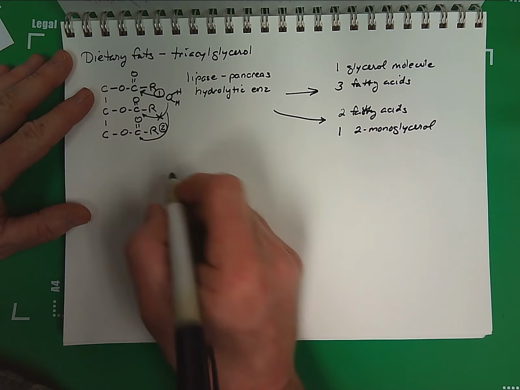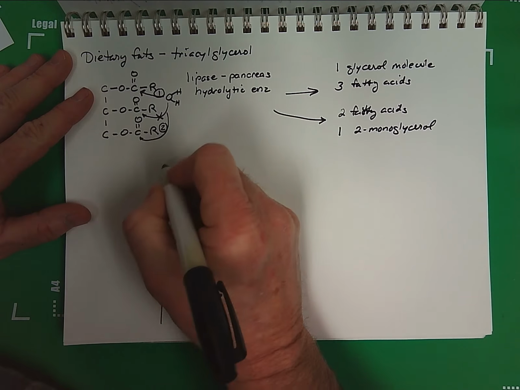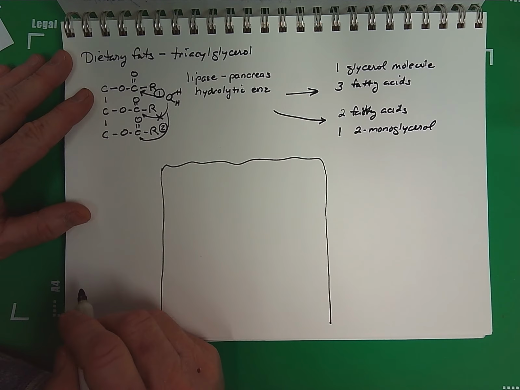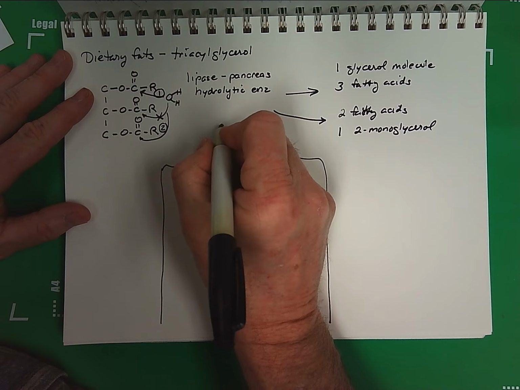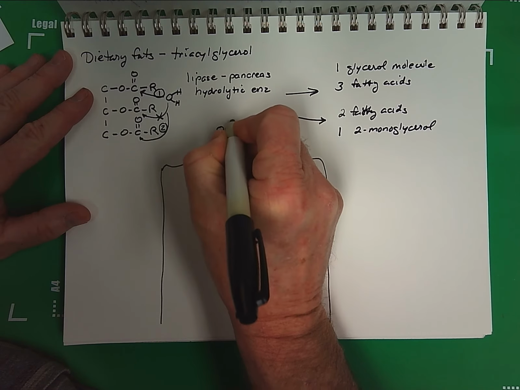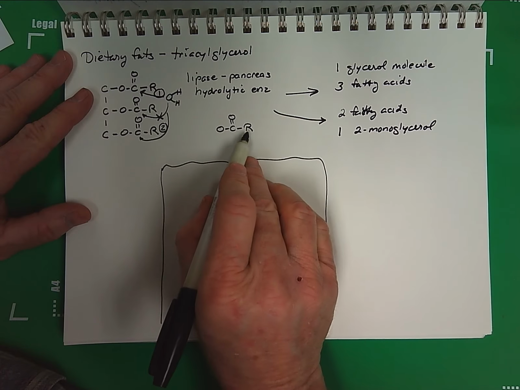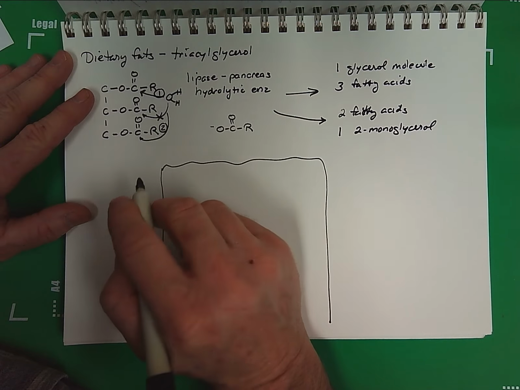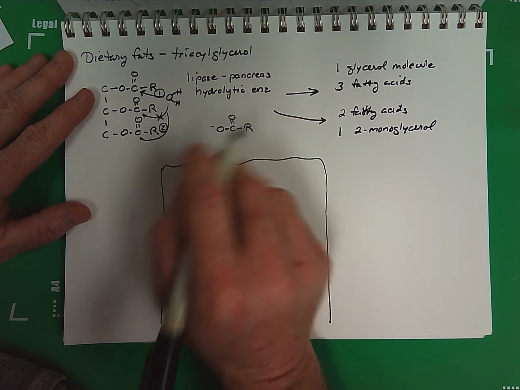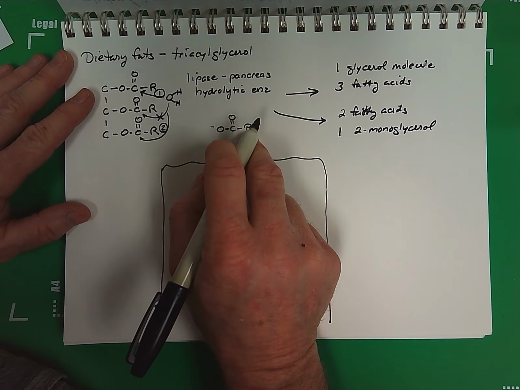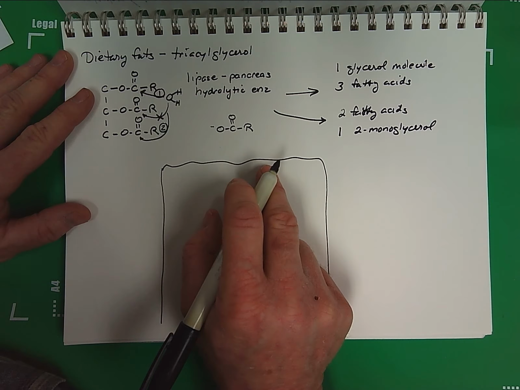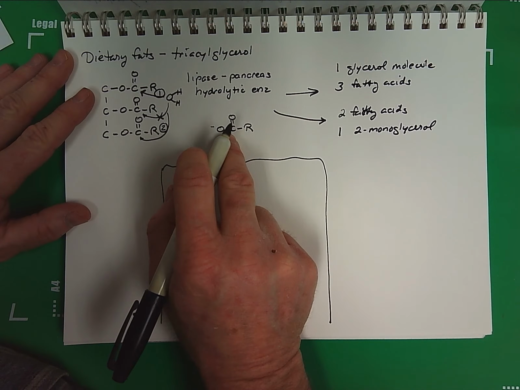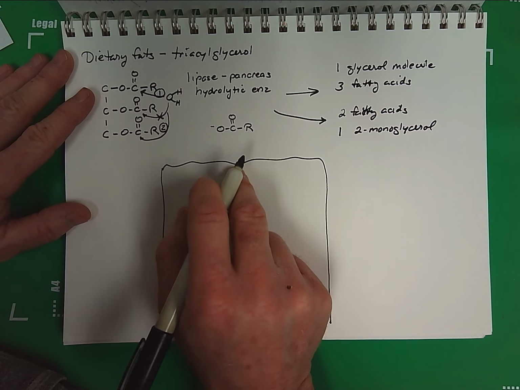Now, in order to get these into the cell, we have to revisit our intestinal epithelial cell. And fatty acids, recall, have a long hydrophobic hydrocarbon chain and a charged carboxylic acid. So these long hydrocarbon chains, you would think, might allow it to pass through the lipid membrane, the organic environment. But it cannot, because of this carboxylic acid residue. This is charged, so it will not pass this membrane.